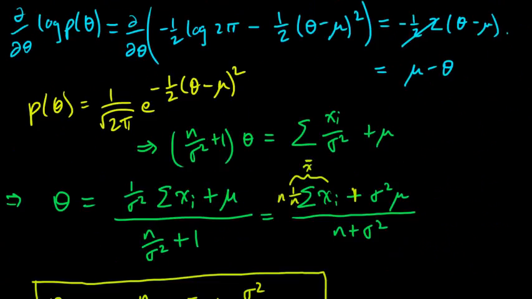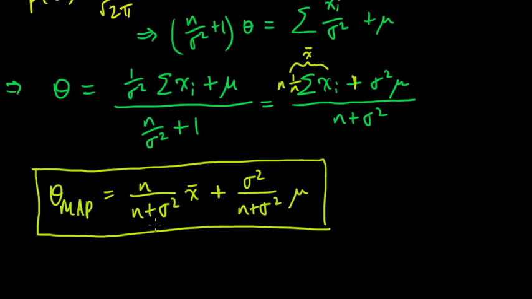So we just had to handle that one extra little part. And this has a very nice interpretation: it's a convex combination of the sample mean and the prior mean, the mean of our prior distribution. So that's a very nice interpretation.